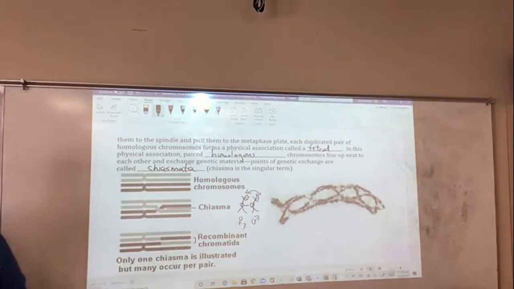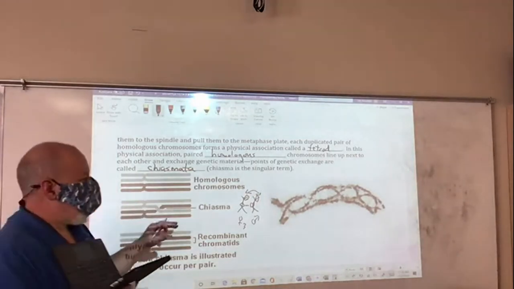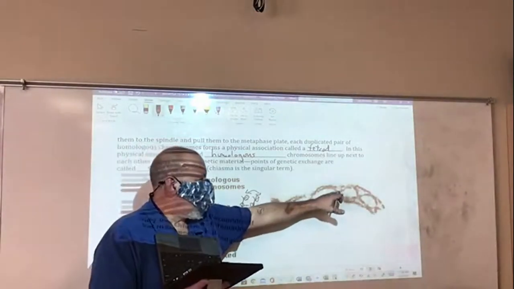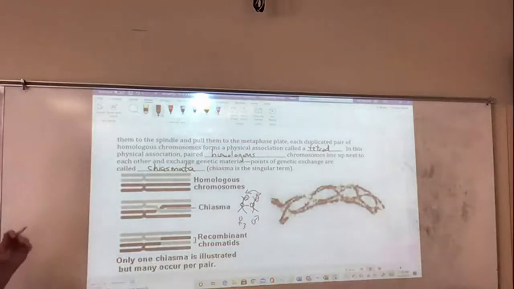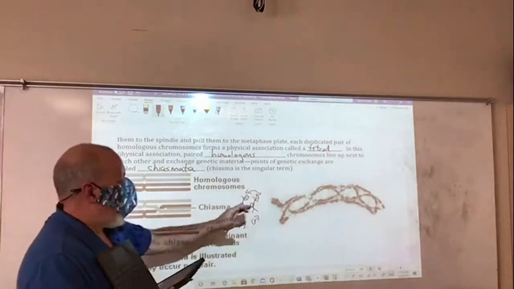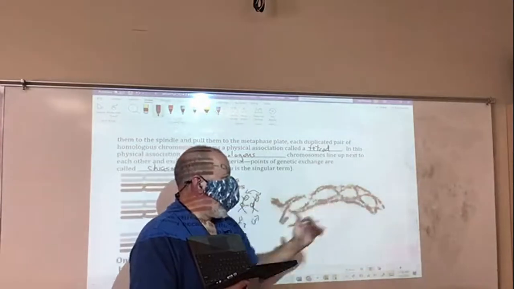In prophase of mitosis, they're just waiting, they're hanging out until a microtubule attaches to them and pulls them to the metaphase plate, right? Here, they're still waiting for that too, but they're also exchanging genetic material at the same time. This is how we shuffle the deck. This is how the genetic material gets exchanged between mom and dad's chromosome.